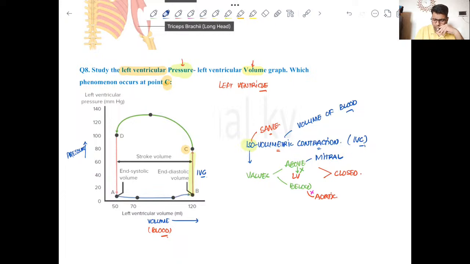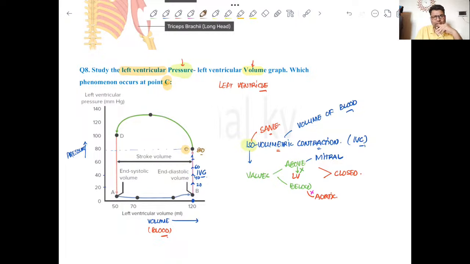Clear? The volume is same, around 120. Volume is same, but the pressure is increasing gradually, right? So pressure firstly 20, then it became 40. So you can write here 20, then 40, 60, 80, like that. Okay, so we are just correlating with this side. So it will be 80, something like that, right?